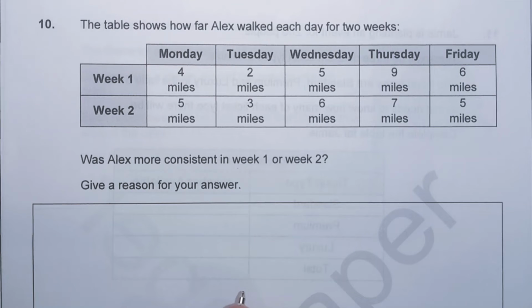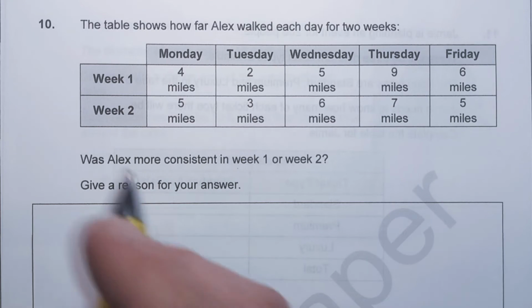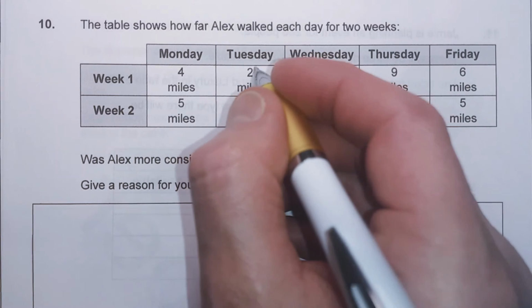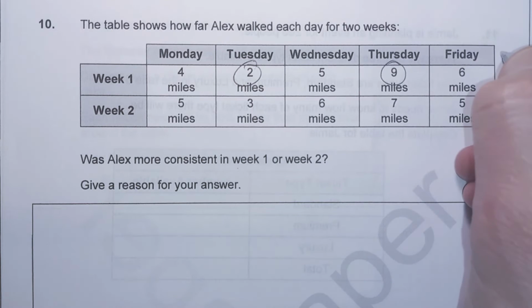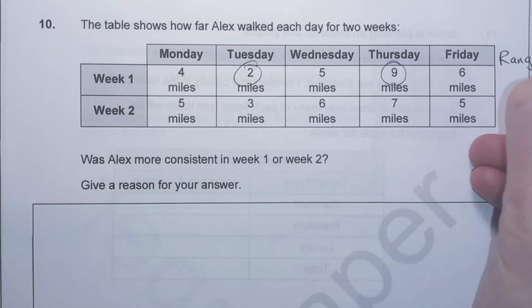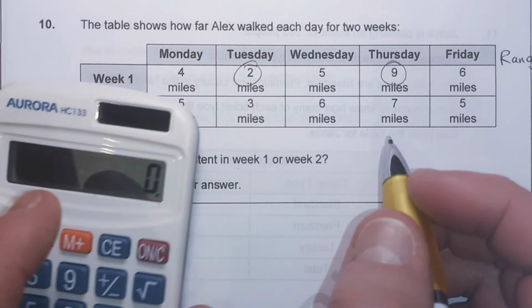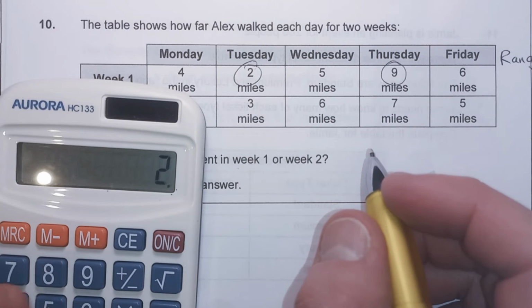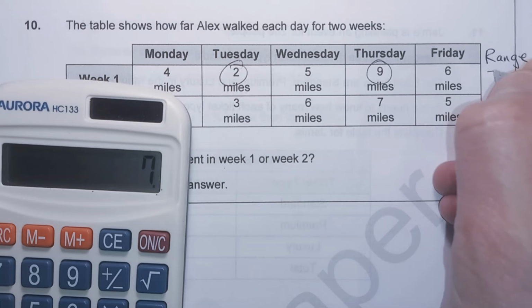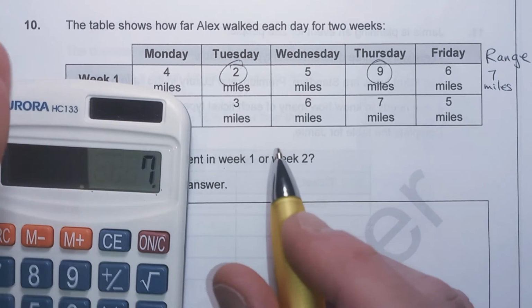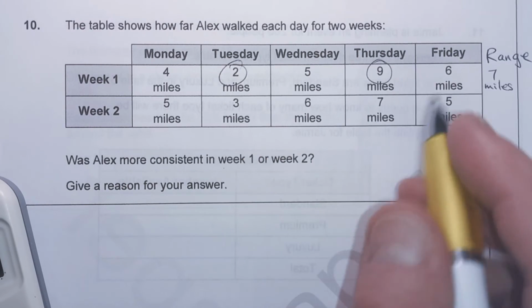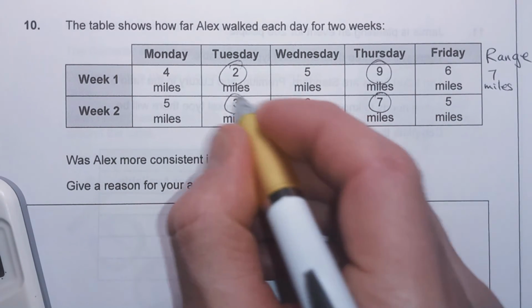Well, when we're looking at how consistent they are, we're looking at the range, or the difference between the smallest and the largest value. So in week 1, the smallest value is 2, the largest is 9. So the range for week 1 is going to be 9 minus 2, which is 7 miles. And for week 2, the largest value is 7 and the smallest is 3.